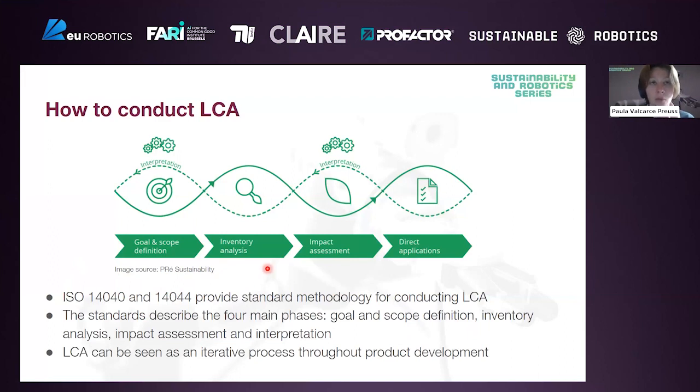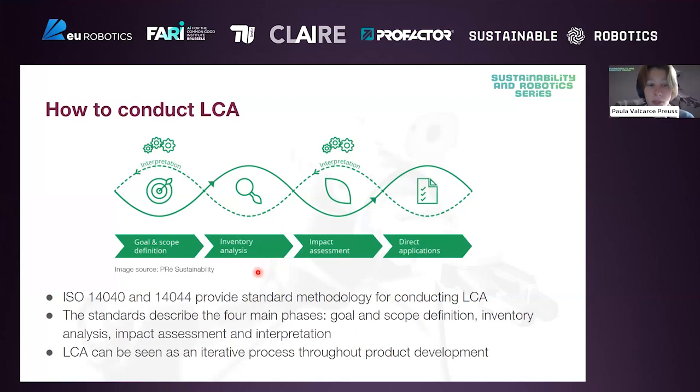So you gather all of the inputs and outputs that you need for these life cycle phases. If you're considering manufacturing, you might have your material inputs. You might have some electricity inputs that you need for manufacturing, maybe some water. And then as your output, you would get your product and maybe some waste materials.